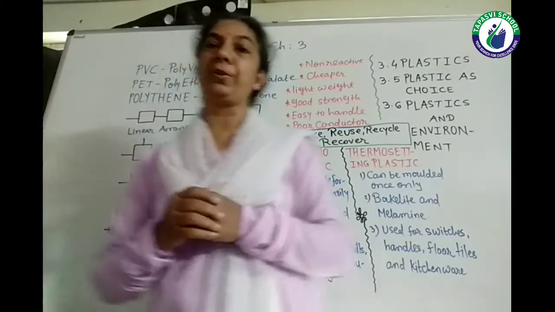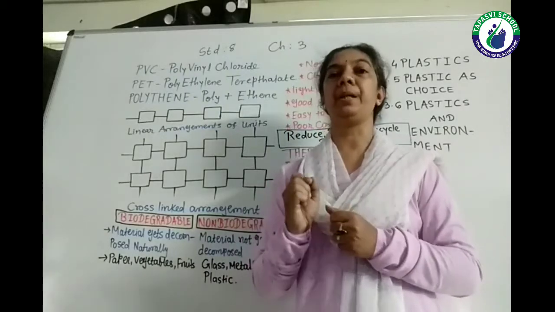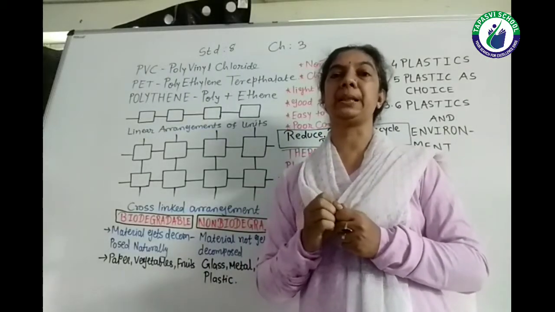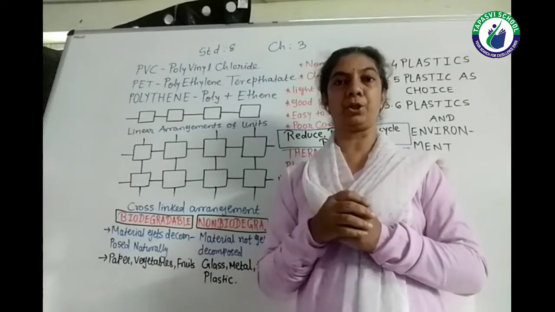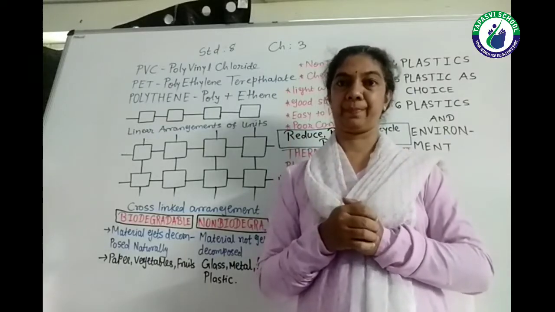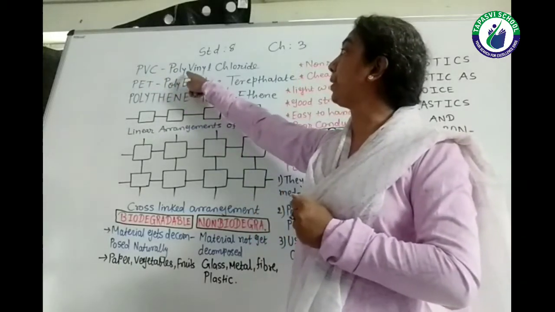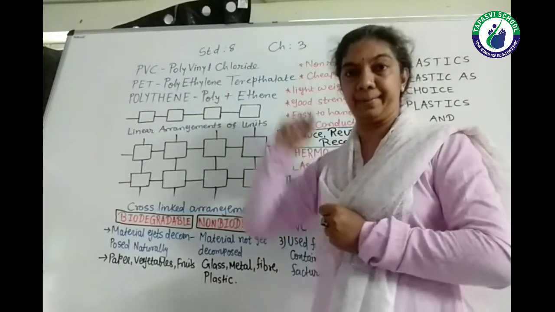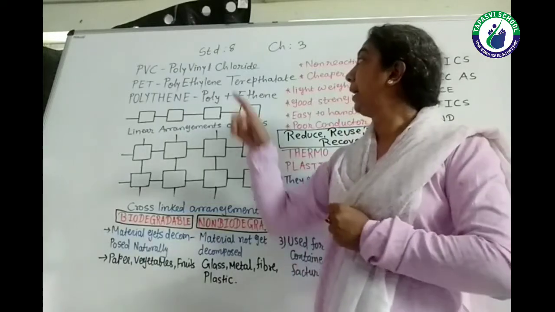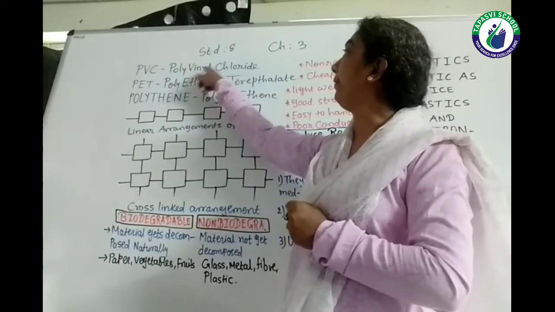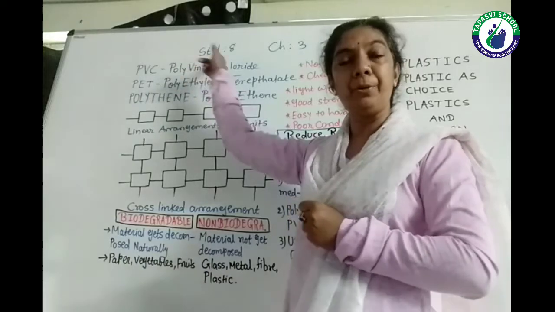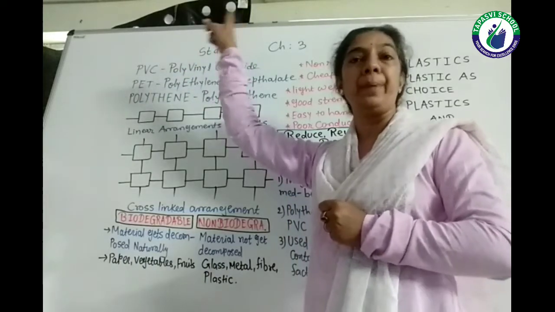Remember, at this point you are asked abbreviations and full forms in the exam in 1 marker questions or objectives. So remember that the full form of PVC is polyvinyl chloride. That means it is the polymer made up from vinyl chloride, and repeated units of that make PVC.